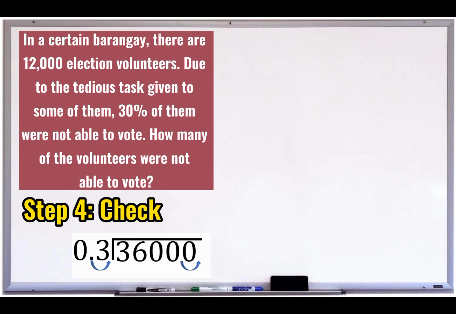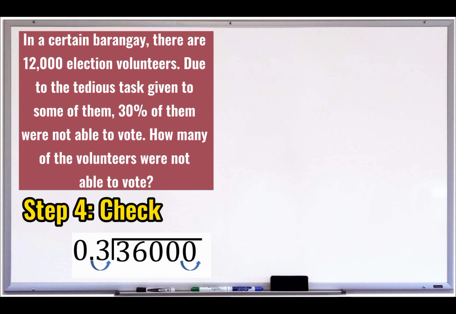As you can see, our divisor is a decimal number, so we need to make it a whole number by moving the decimal point one place to the right. So, para maging whole number ang ating divisor, nag-move tayo ng isang decimal place pa kanan. Ganun din po ang gagawin natin doon sa ating dividend. Mag-move tayo ng isang decimal place pa kanan.